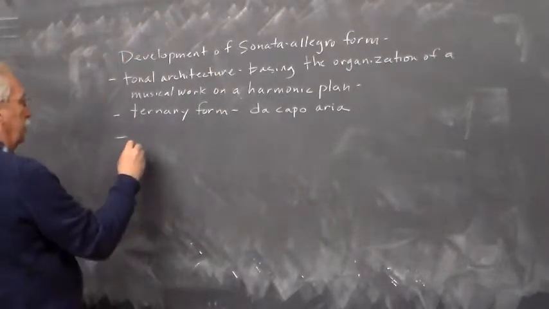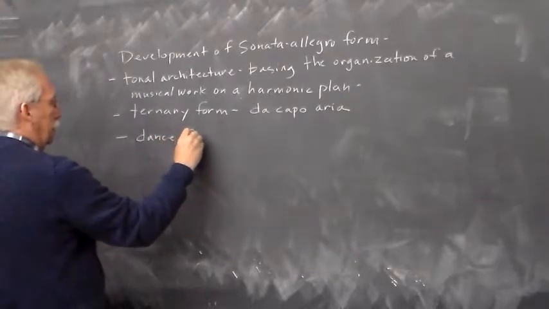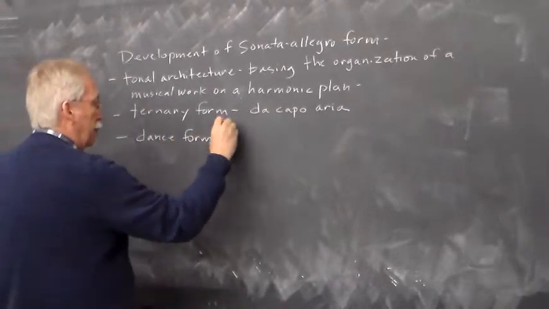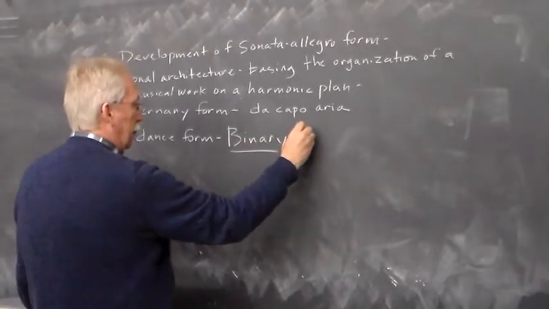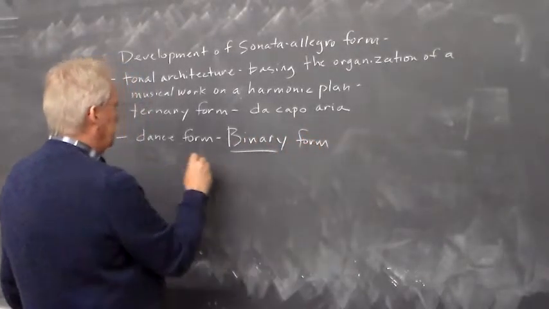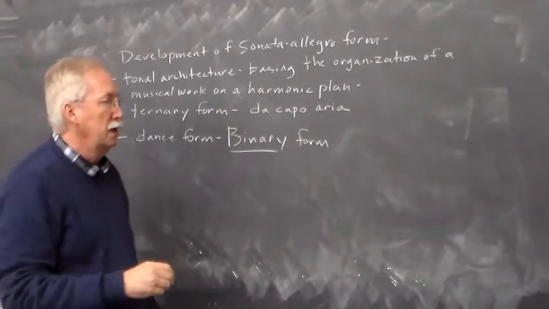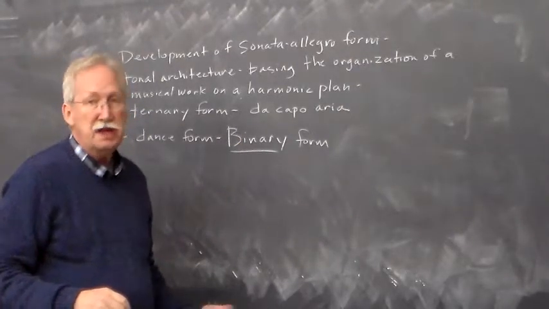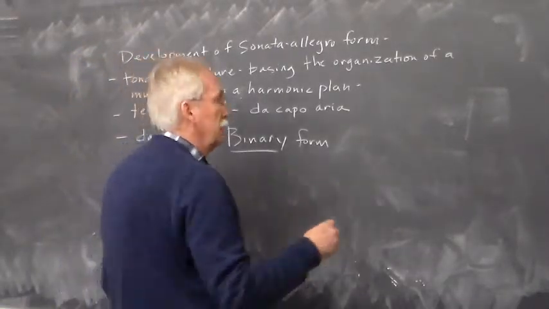And then this form that's associated with Baroque dances is binary form, which doesn't have an A theme and a B theme, but it basically has two sections.